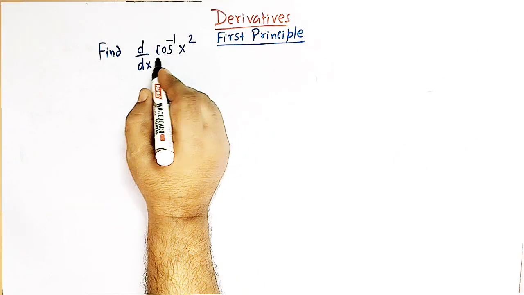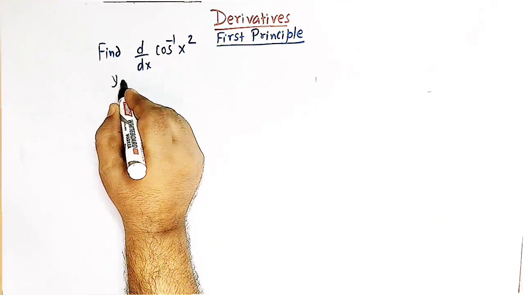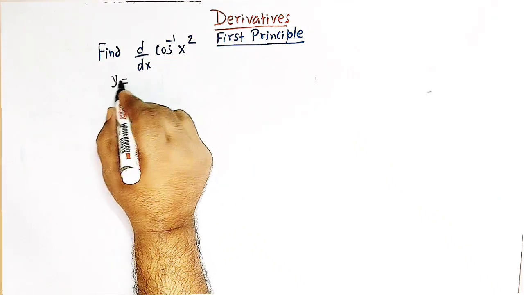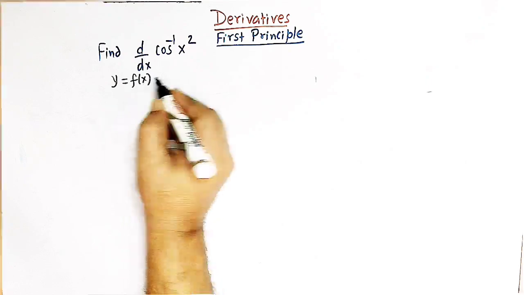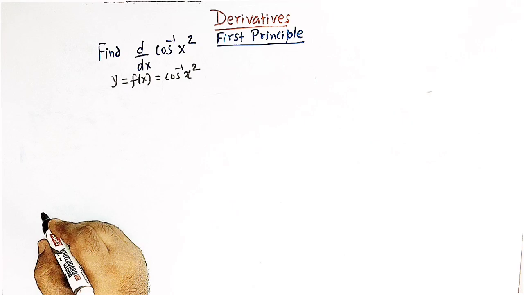So let us take this function cos inverse x square as y. That is, we can assume y is equal to f of x is equal to cos inverse x square, right?